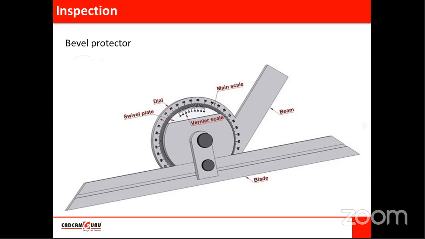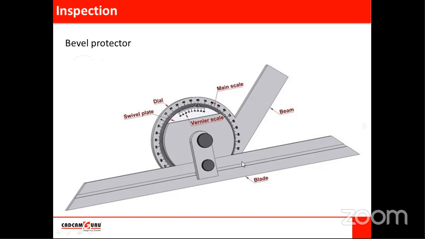Okay, and here this is the beam, which is attached with the datum. So this will be aligned with the datum, and this one is a blade. So it can rotate around this. See, these are the pins fitted here about at the center, and scales are marked on this circular edge of the beam or this component. This is the swivel pin, dials, okay, and main scale. So we can measure angle using this instrument.